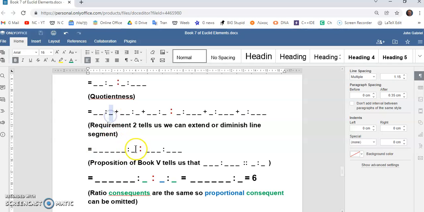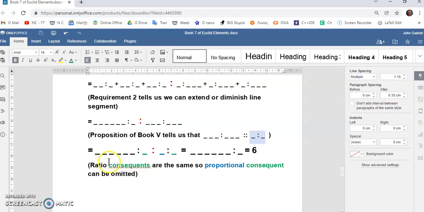And the consequent remains the same. Similarly, we're extending this part of a third 3 times to give us this, and the consequent in all these cases remains the same, okay? All these. And so we have this particular ratio here, and a proposition of Book 5 tells us that this ratio here is equivalent to this ratio. Why? Because this is proportional to this, right?